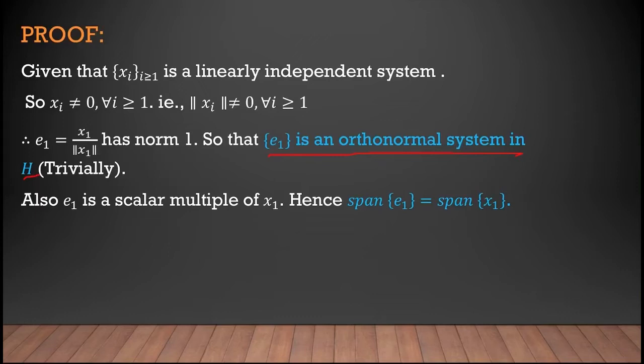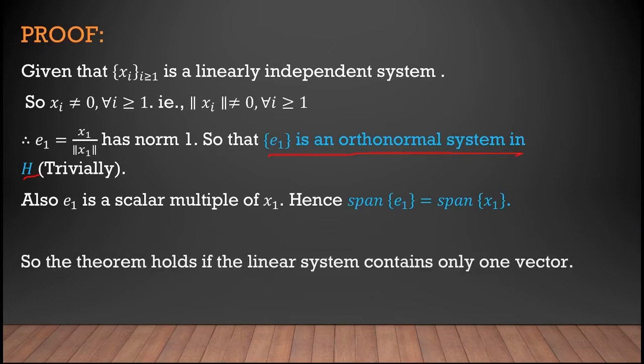So, we have the set {e1} is an orthonormal system and span of e1 equal to span of x1, or we can say that the result is true when there is only a single vector. So, the theorem holds if the linearly independent system contains only one vector.